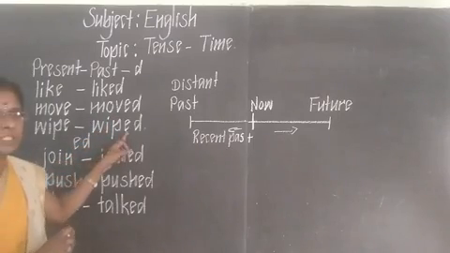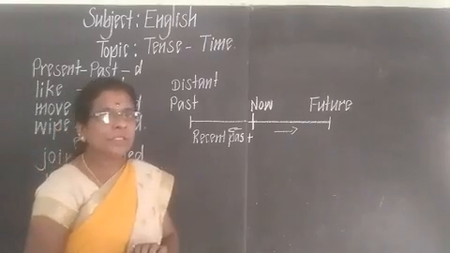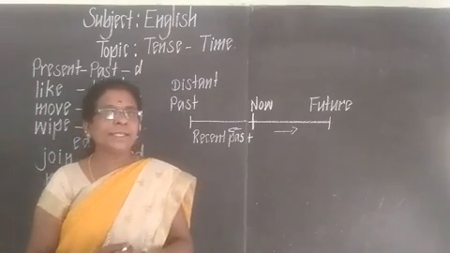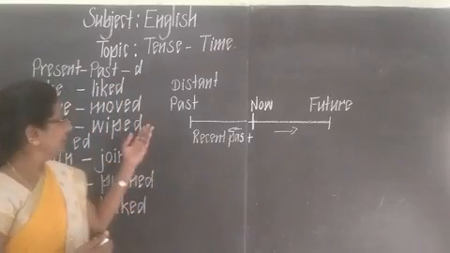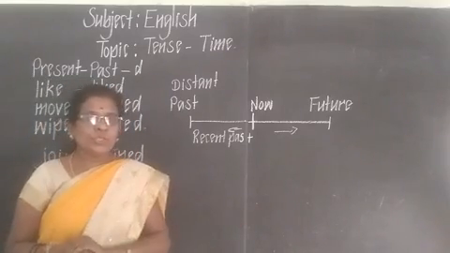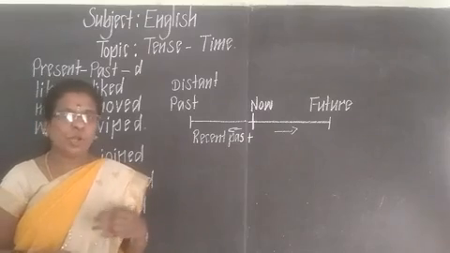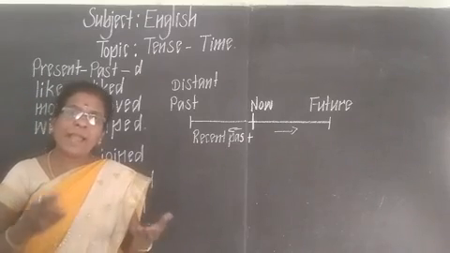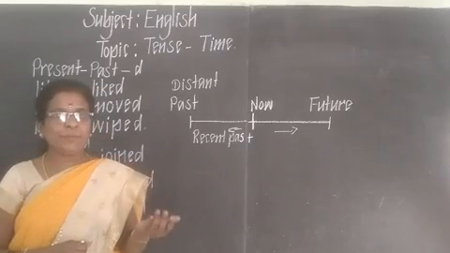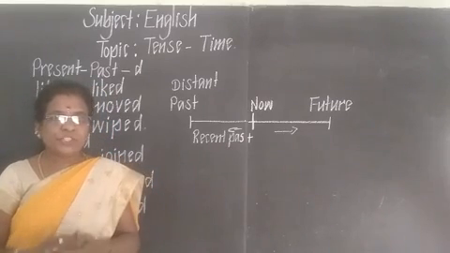Okay, children. See here, it does not matter how long the action lasted. It is completed. You use the simple past to talk about when something happened. It is linked with some past time expressions.